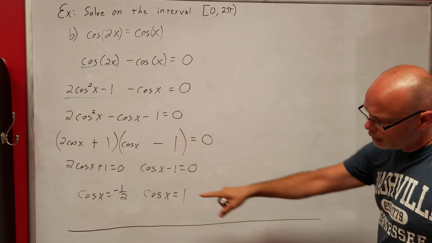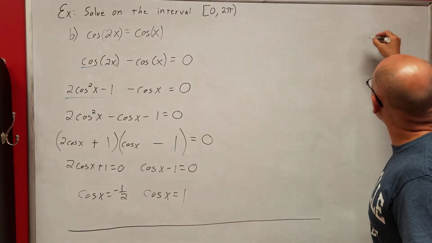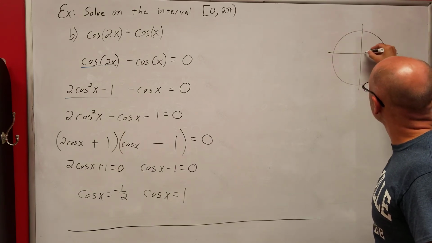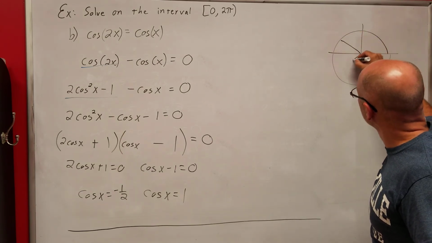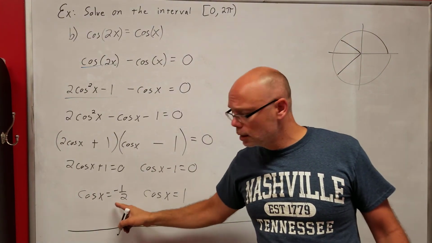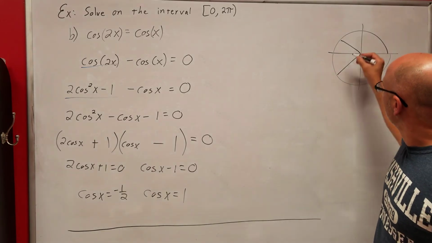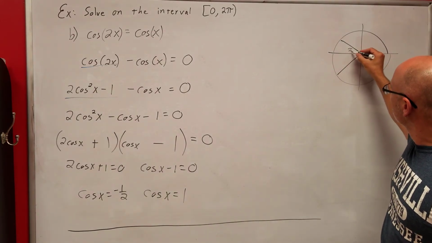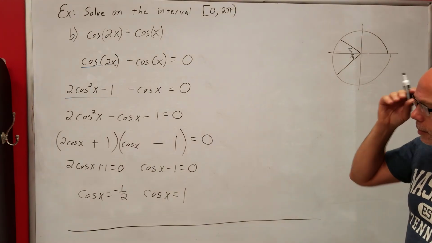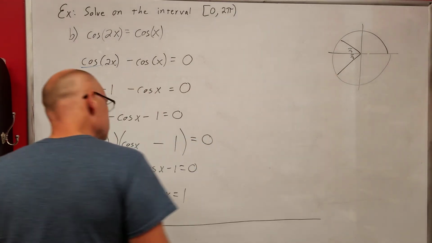Where's my cosine of x equal to negative 1/2? Well, what did we just say about the cosine is negative in quadrant what? 2 and 3, right? And where's my cosine of 1/2? An angle of pi over 3. So I'm going to have some reference angles here. Hey, this part's turning out to be a lot like the last problem, right?